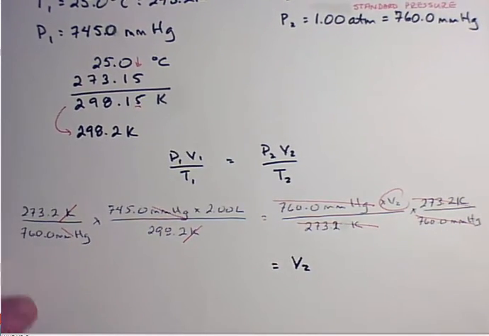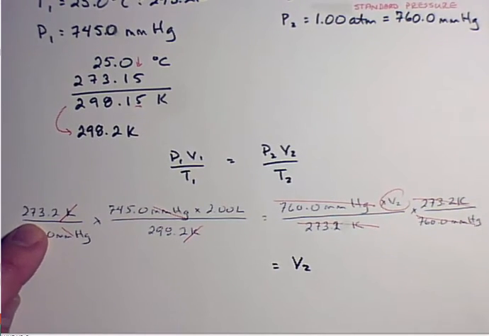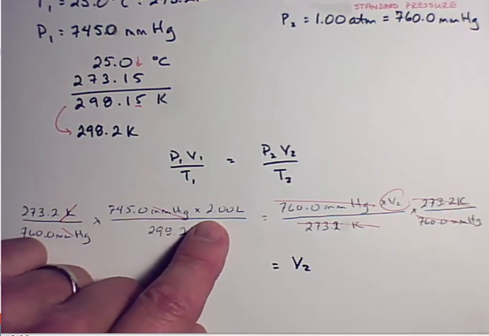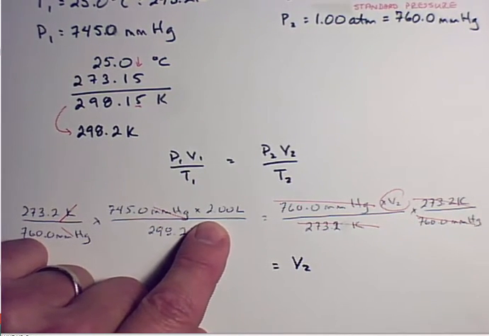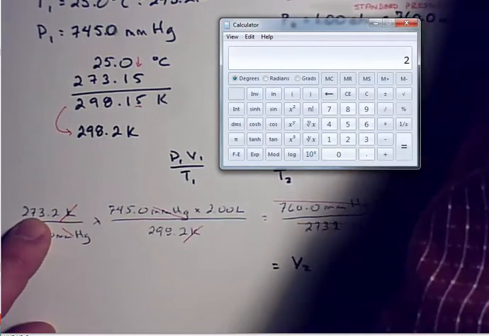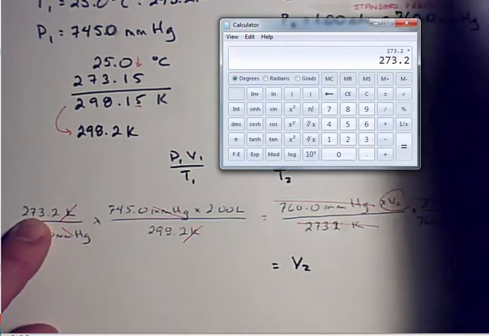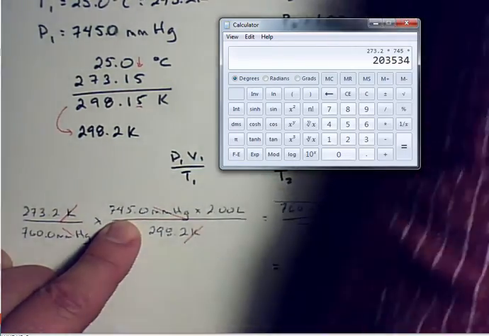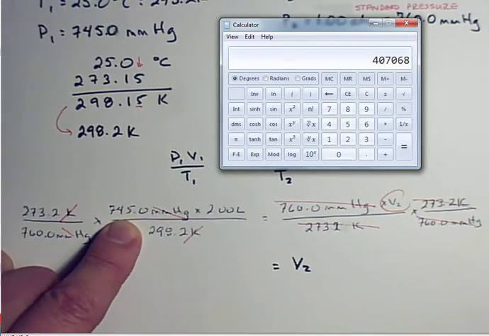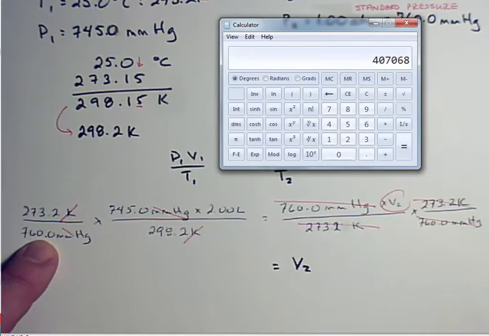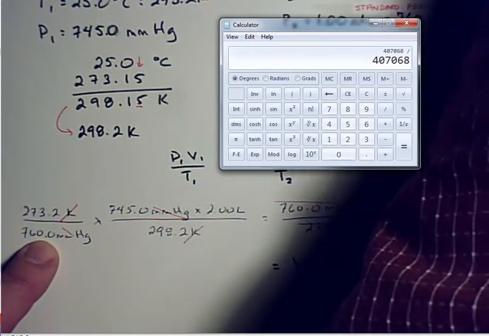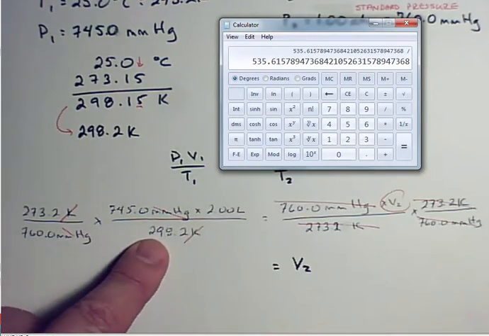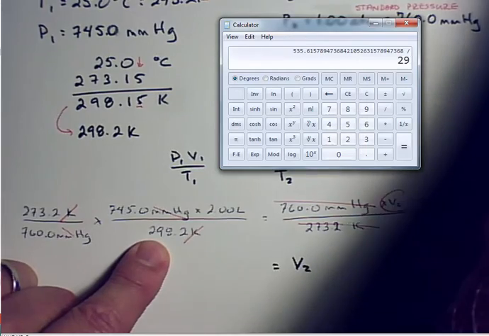So we're going to take 273.2 and multiply that by 745.0 and multiply that by 2. And now we're going to divide by 760.0, and divide by 298.2.